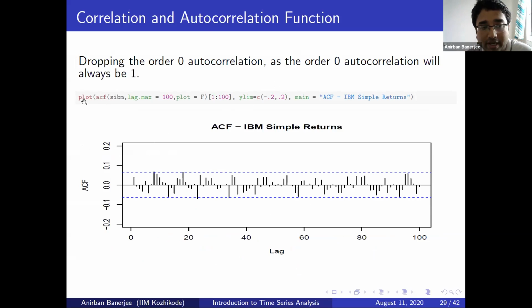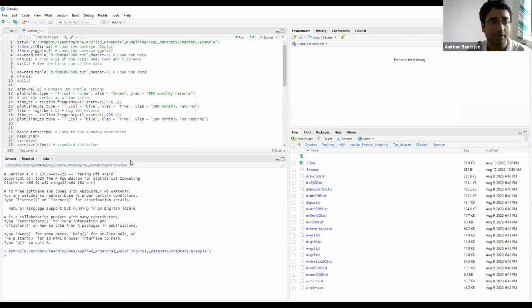Look at this function within. Let me try to do this in R, I think it will be easier for you. I hope now you are seeing my R screen.